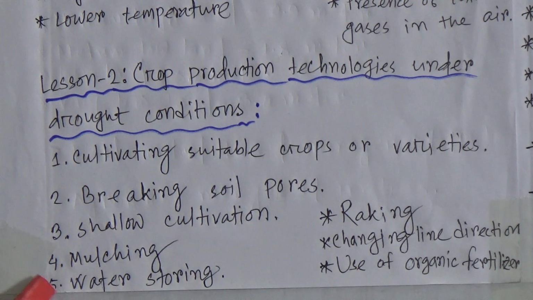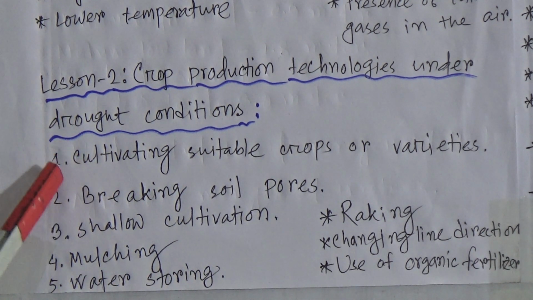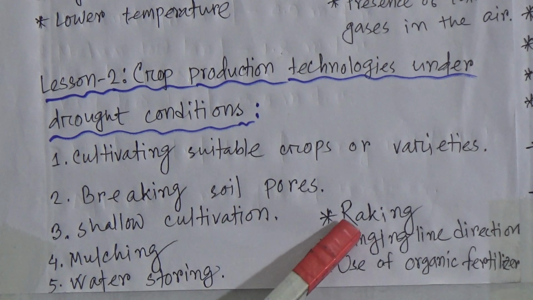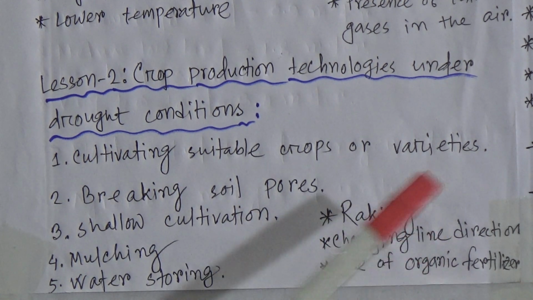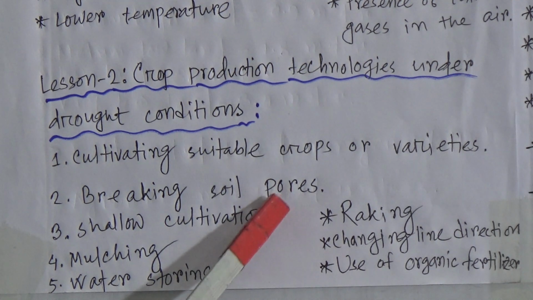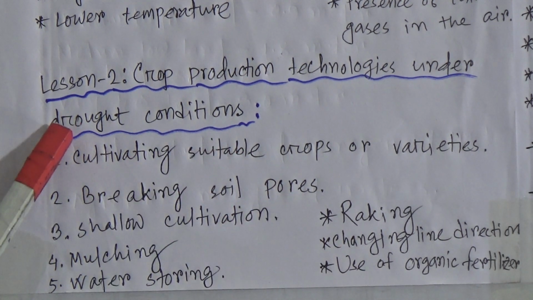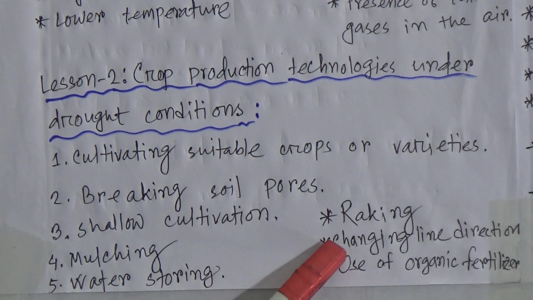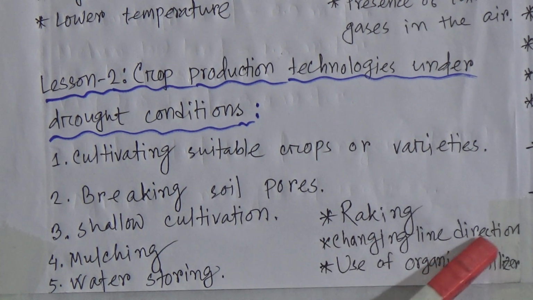Then number 5, water storing. If the drought prone land has a good condition of water storing, then the farmer would be able to get a good harvest. Then racking. Racking is another important point for drought prone lands. Then changing line direction.